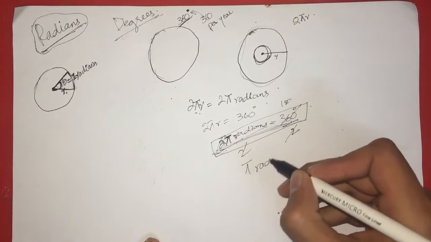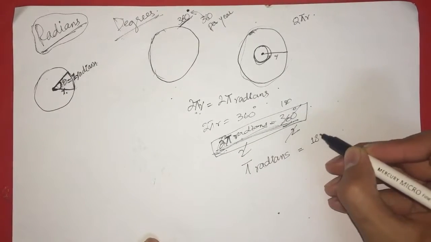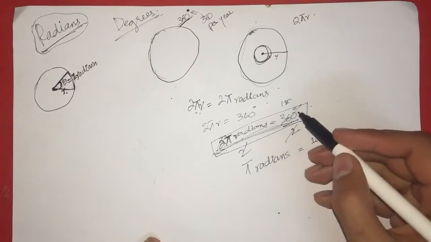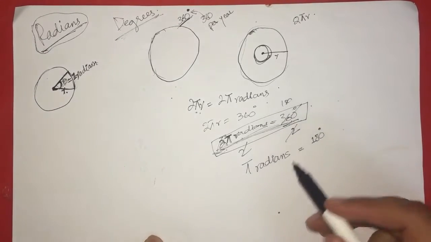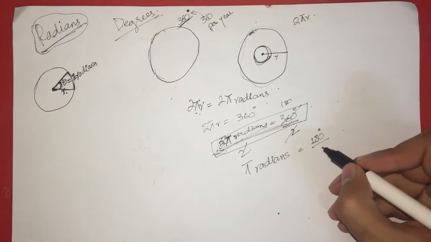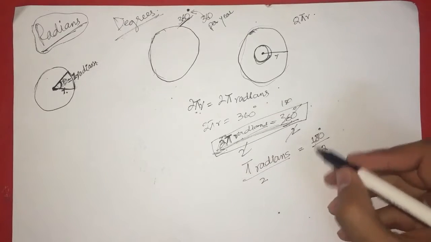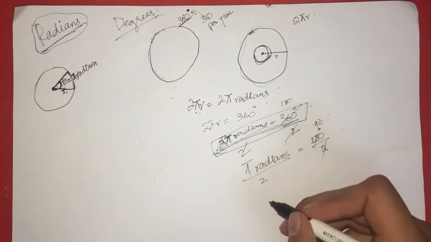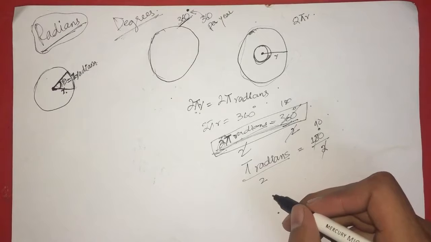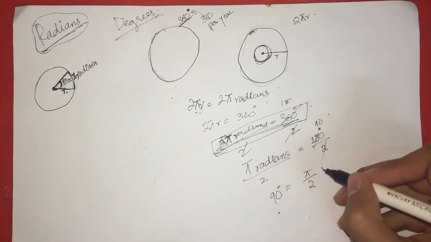So pi radians equals 180 degrees. 360 degrees was equal to 2 pi radians, and pi radians is equal to 180 degrees. If I want to convert it into 90, I divide again by 2, and it gives me 90 degrees equals pi by 2 radians.